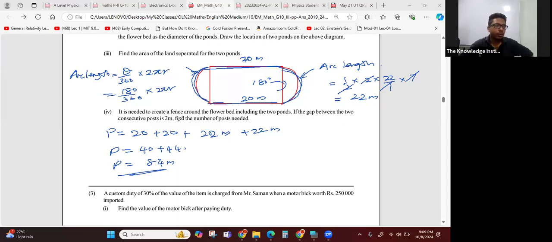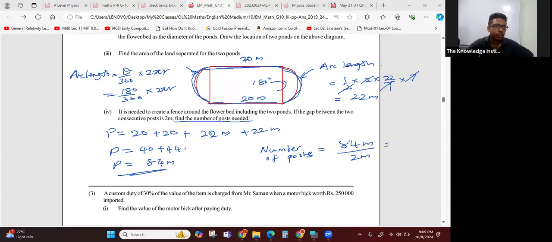We need to find the number of posts needed. We know a post is situated between each 2 meters, right? So therefore, the number of posts is equal to 84 meters divided by 2 meters, right?